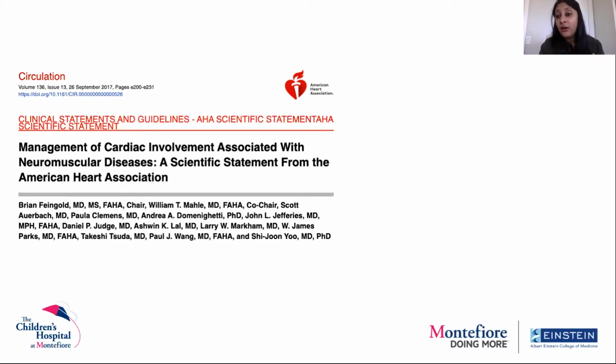So a lot of these clinical care guidelines, or these scientific statements that exist, exist because a group of these expert people who have taken care of these patients for a number of years collectively sat down and decided how we should be taking care of these patients. They decided how often they should be screened and how they should be medically and surgically managed.